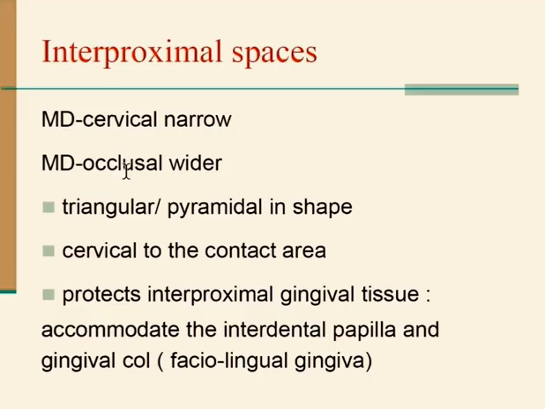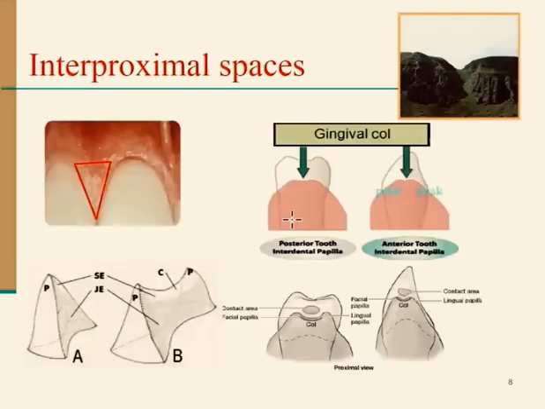This arrangement will help create a space that is triangular or pyramidal in shape. The space in between the teeth will be pyramidal or triangular in shape, because the cervical is narrow and here it is larger, the largest proximal area.